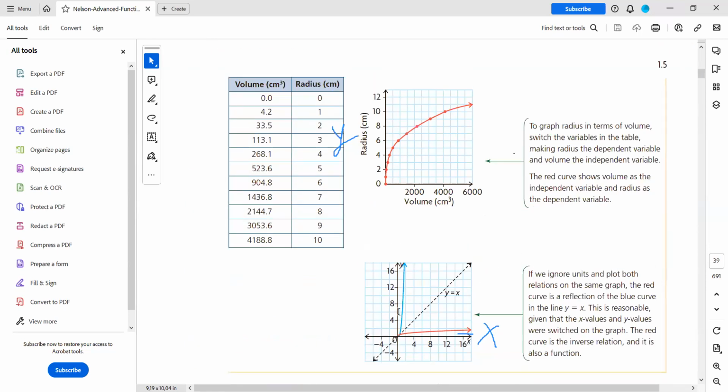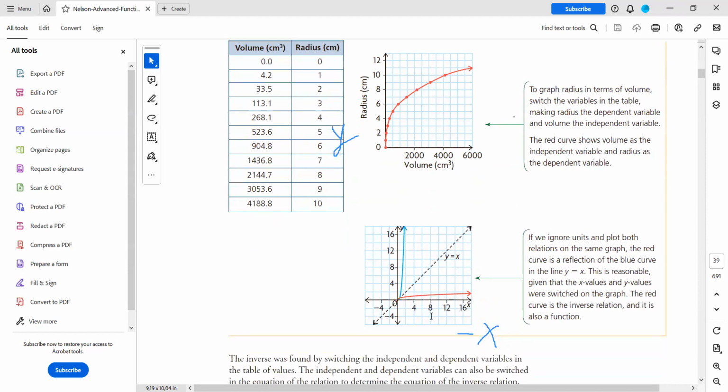Moving on, if we simply ignore the units and we plot both of these functions next to each other, it's going to look something like that. We're ignoring the units, meaning volume and radius, and plotting both relationships on the same graph.